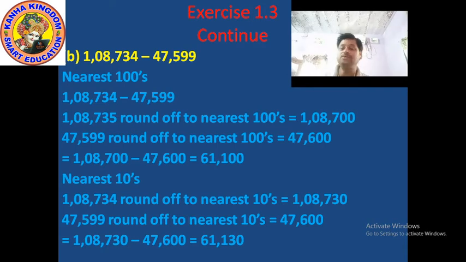If the ones place value is less than 5, you have to convert the ones place value into 0, and nothing you have to change in the tens place value. And whatever the digit in the 100 place value, 1000 place value, 10,000 place value, lakhs place value, nothing you have to change. You just write the same values.